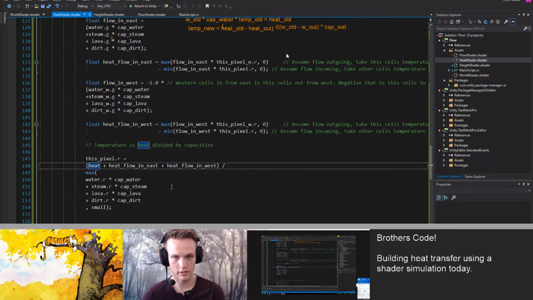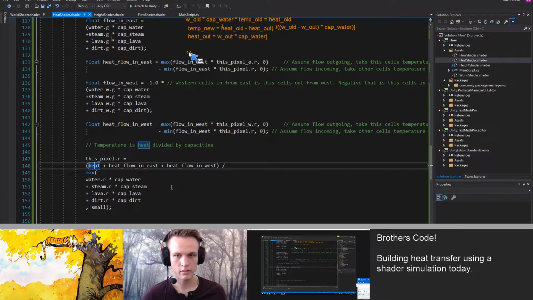Times cap water. This follows, right? Because then water old minus water out, in total, all directions. I'm just trying to, because this logic should all apply. So heat out equals water out times cap water, right?